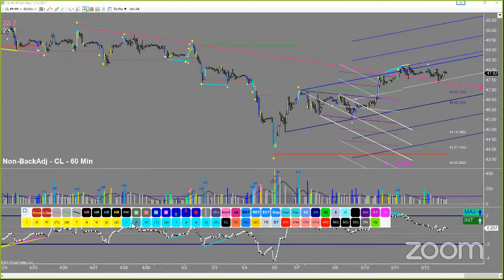Okay, so this little ABC down was, again, just perfect. But we didn't have that upsloping channel, or any kind of upsloping area other than I think we had a midline or something. We'll go over that in a second.